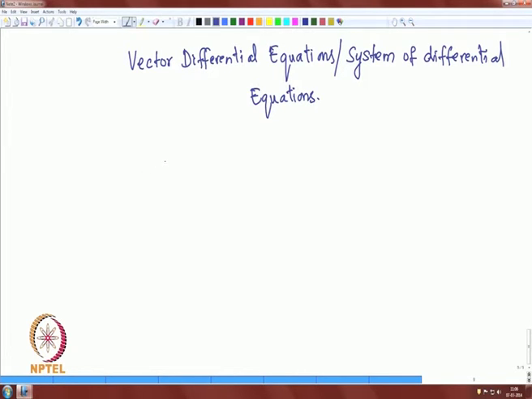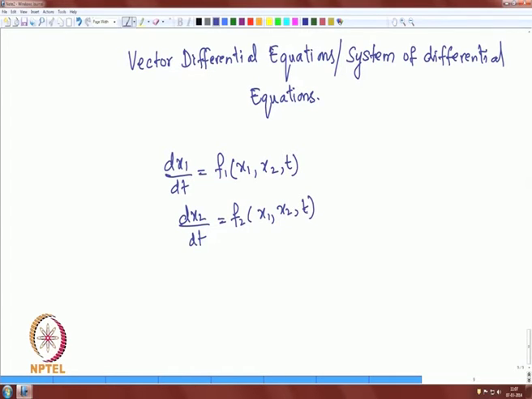So, for example, if you have dx1 by dt is equal to f1 of x1, x2 and t, dx2 by dt is equal to f2 of x1, x2, t, with initial conditions x1 at t0 is x01, say, and x2 at t0 is x02.